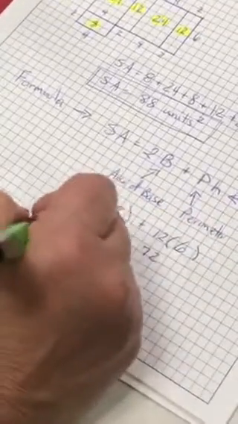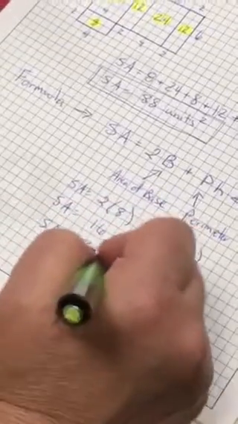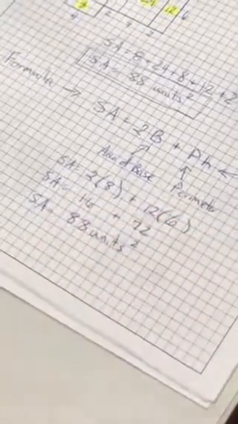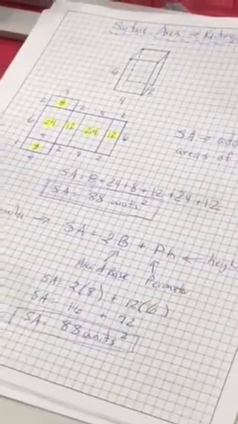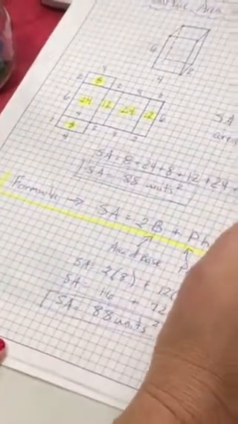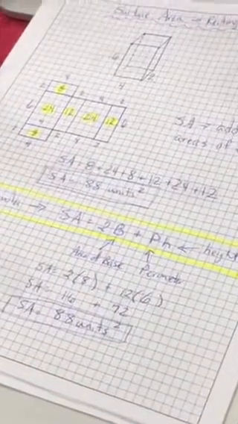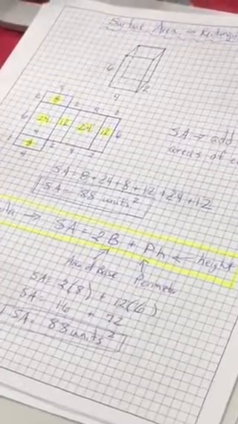And when we add those things up, we should get the exact same surface area we got when we used the adding method of 88 units squared. So you've been finding surface area for most of your middle school career. The change is that now all of our work is going to be done with this formula. So make sure you have that formula very clearly written down, and that's what we'll be using for rectangular prisms.